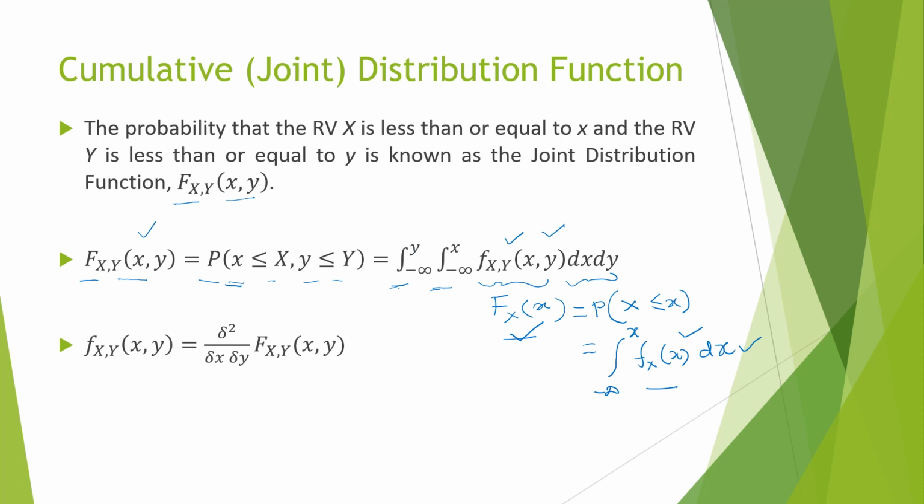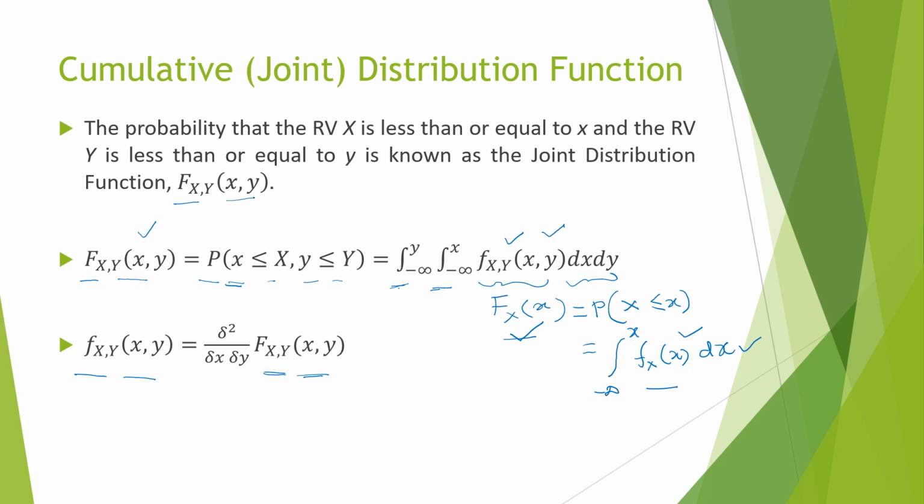The same result can be extended, and if we differentiate on both sides, we can get the joint PDF from the cumulative distribution function. By differentiating the cumulative distribution function twice, in the case of two variables partially with respect to x and with respect to y, we get the joint PDF.